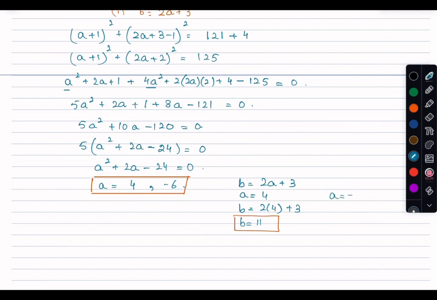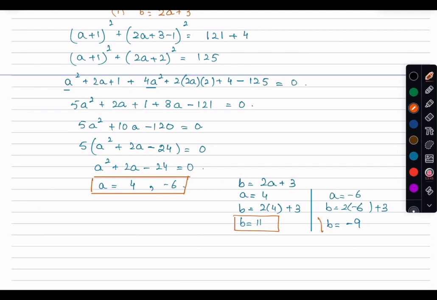So when a is negative 6, the other value of b here is going to be 2 times negative 6, that's negative 12, plus 3. Therefore, b is equal to negative 12 plus 3, giving me negative 9.